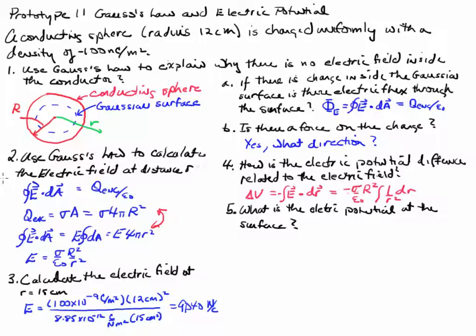Now, what is the electric potential at the surface? Remember, there's a difference between electric potential and electric potential difference. Electric potential is the electric potential difference where we have taken a zero reference, and for this case, the zero reference is at infinity.